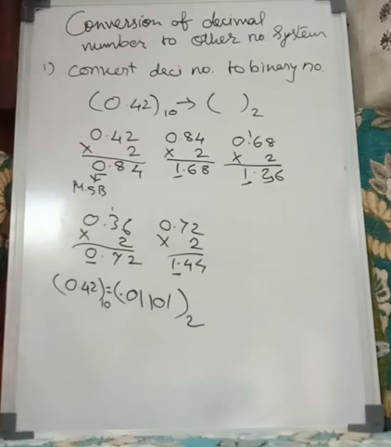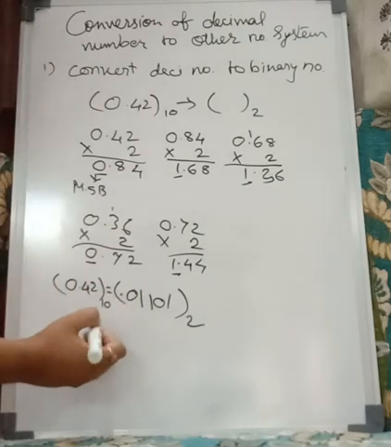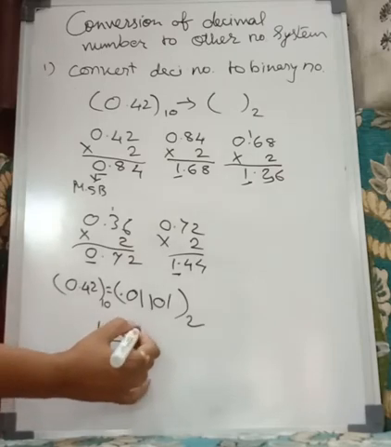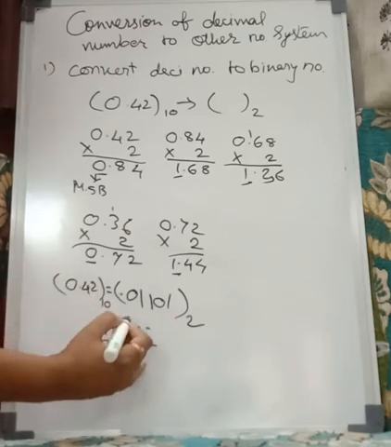So like this, we can have any number which includes an integer as well as a fraction.